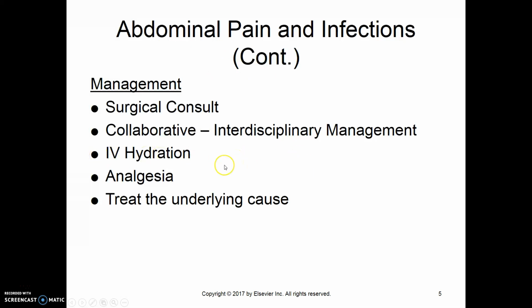IV hydration, because so many people have symptoms of nausea and vomiting or anorexia, and then proper analgesia for abdominal pain. Whatever the etiology will lead you to your choices of analgesia, and then the foundational value of treating the underlying cause.